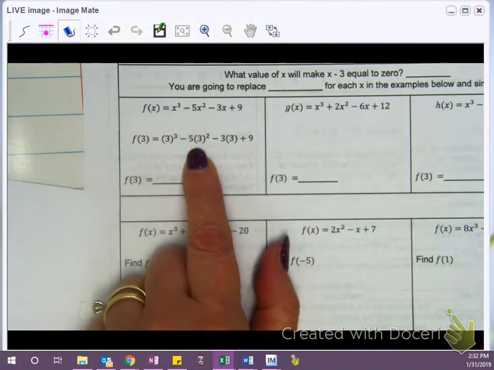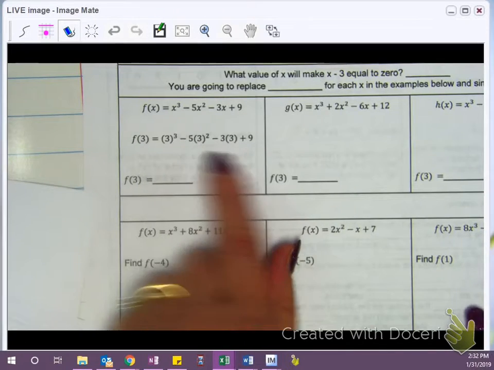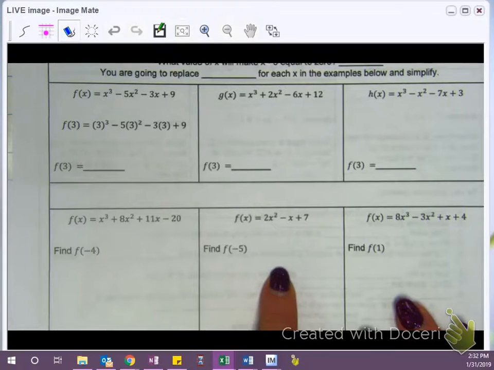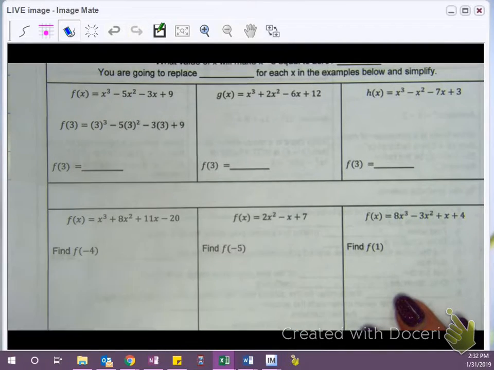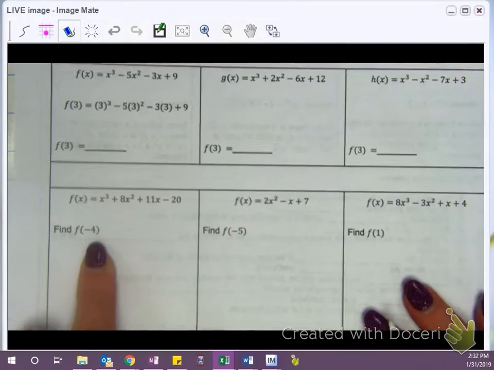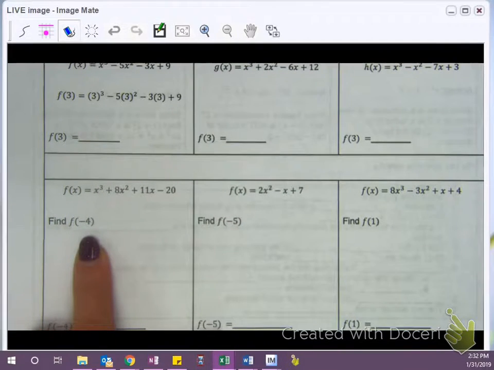Maybe. In other words, do we need to take time to practice plugging in numbers? No. Just one problem. Okay, then we'll do this one with the -4. All right, so we're going to do this one with -4. So this means substitute in -4.